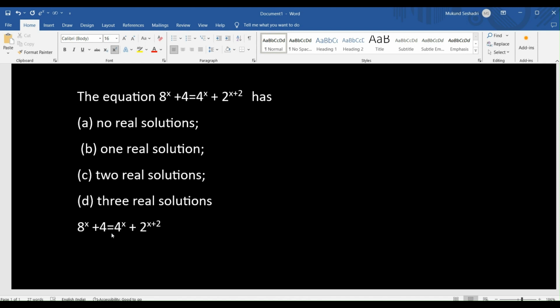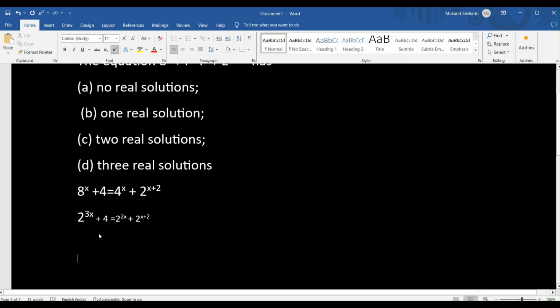So 8 to the power x and 4 to the power x can be rewritten: 8 to the power x is 2 to the power 3x, plus 4 equals 2 to the power 2x plus 2 to the power x plus 2, right?